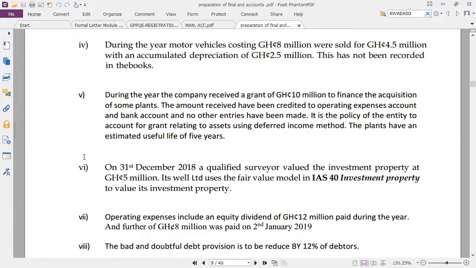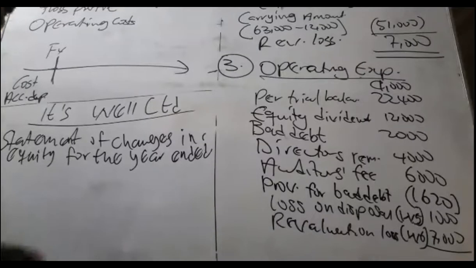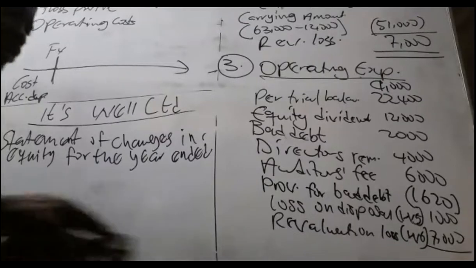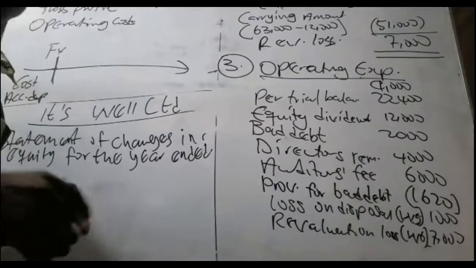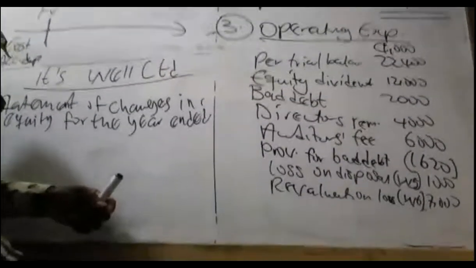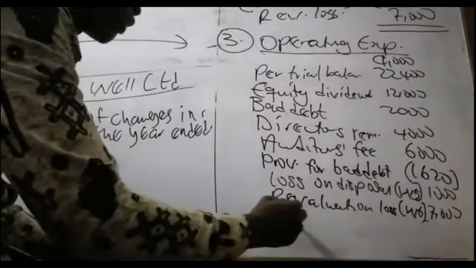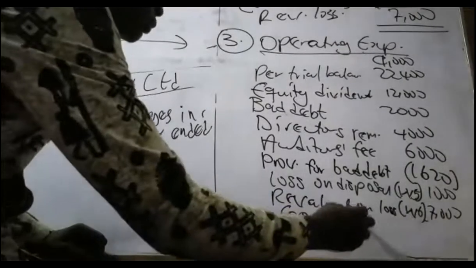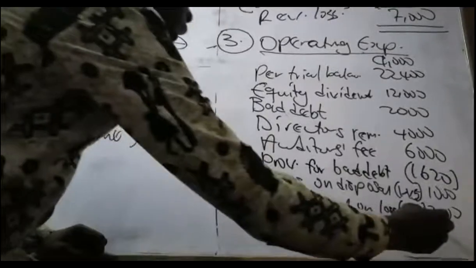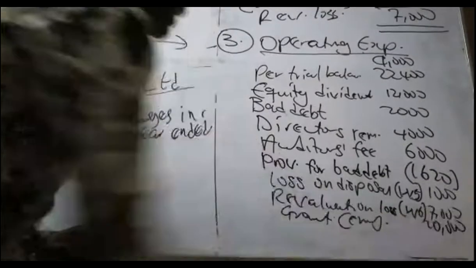If I'm going to reverse it, 10 million must be added back to the operating expenses. That's the reverse. So I'll go here and record grant error, 10,000. I'm adding back.